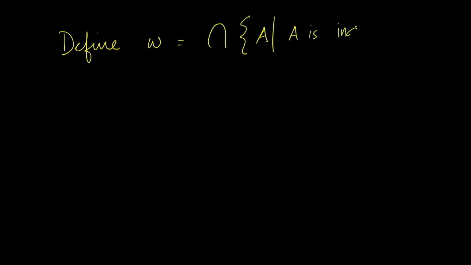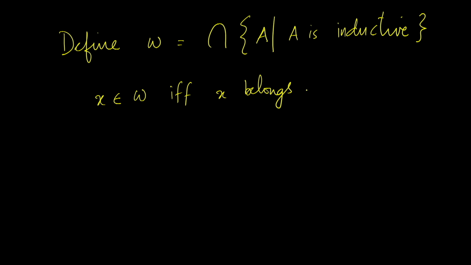Now let us define omega as the intersection of all A such that A is inductive. We define omega as this intersection of all inductive sets. That is, x belongs to omega if and only if x belongs to every inductive set.